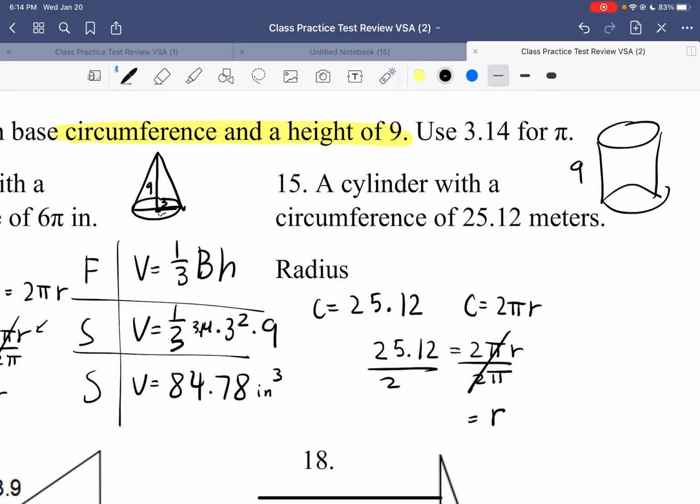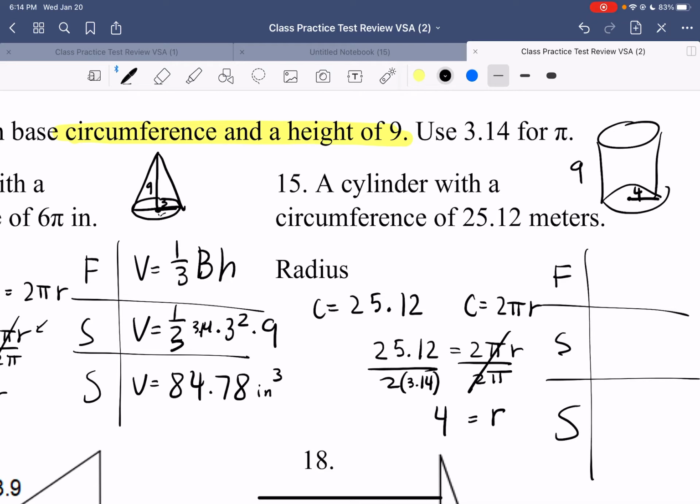On this side, we're going to substitute 3.14 for pi, since they told us to use 3.14 for pi. So 25.12 divided by 2 times 3.14, which is 6.28. I thought we were going to get a decimal, but we just got a radius of 4.